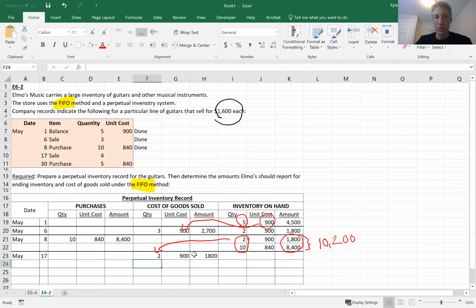Now the other 2 must come from when the unit price was 840. So the other 2 comes from the 10 that we have. And the unit price of those was 840. That means the cost of goods sold on May 17th is 1,800 plus 1,680 for a total of 3,480. That's the total cost of goods sold on the May 17th transaction.